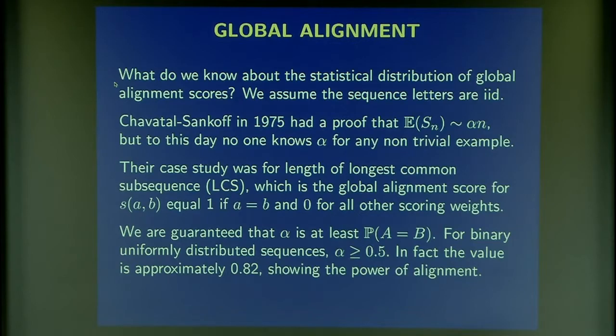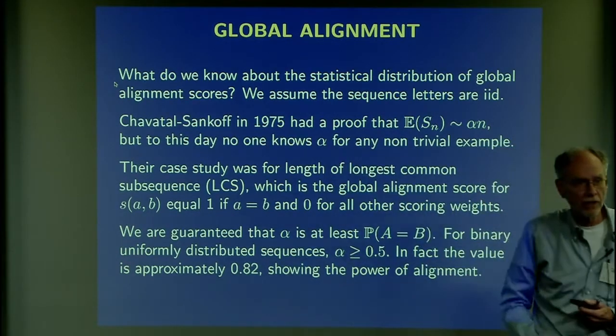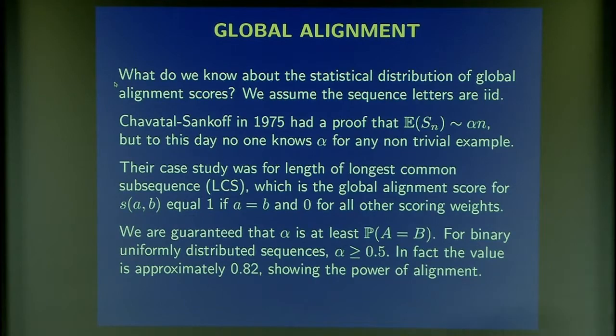N times the probability they would be identical. And that was 1975. Many people have worked on this. No one can compute alpha, even for the example of a 2-letter alphabet and equally likely letters. No one knows. Now, if you take the example I gave you and you didn't do any alignment, it would be 1/2 times n for the expected number of matches.